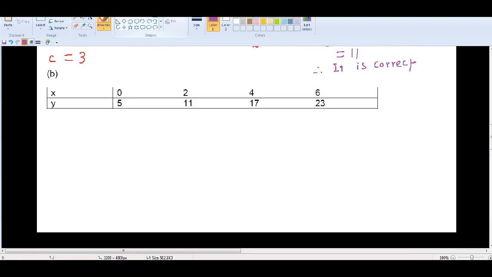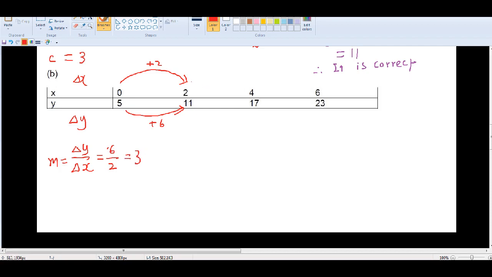Again we have delta x and delta y. You see plus 2 is plus 6. That means our m, which is delta y over delta x, will be 6 over 2 equals 3. Of course, if you want to check one more, it's okay.